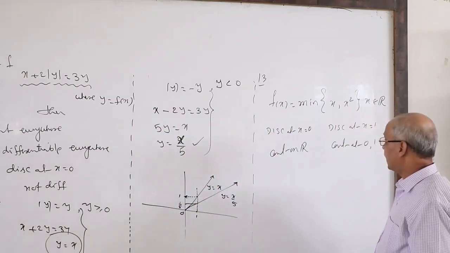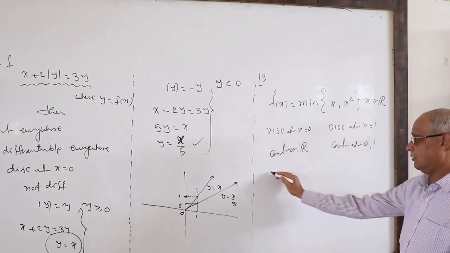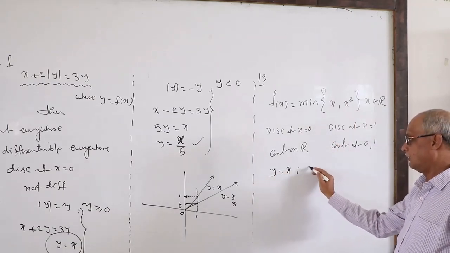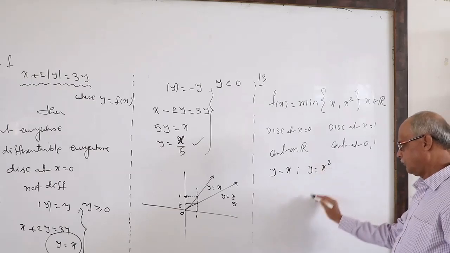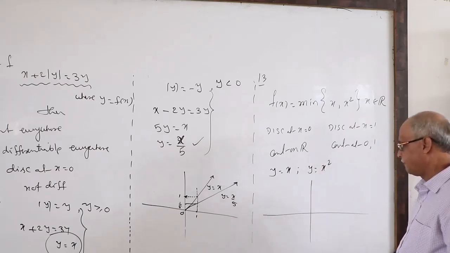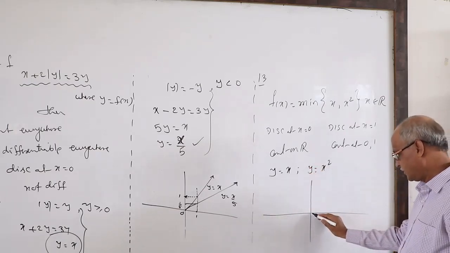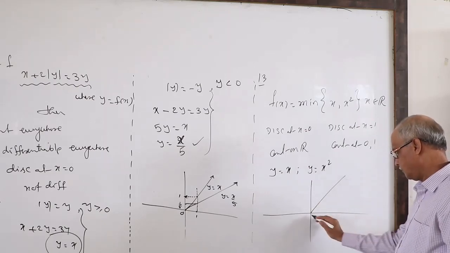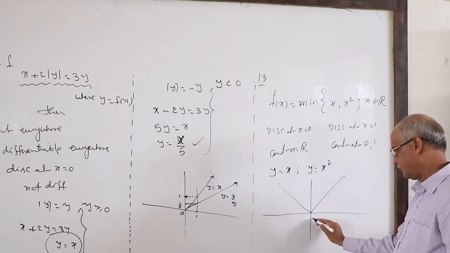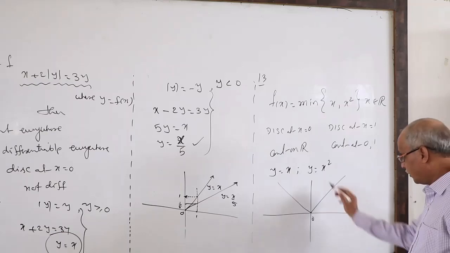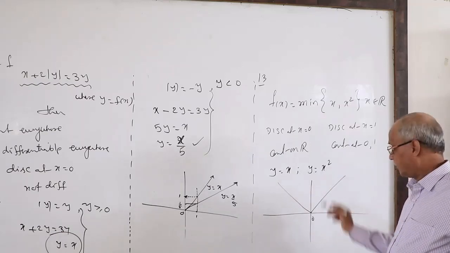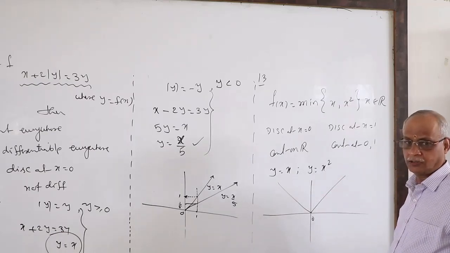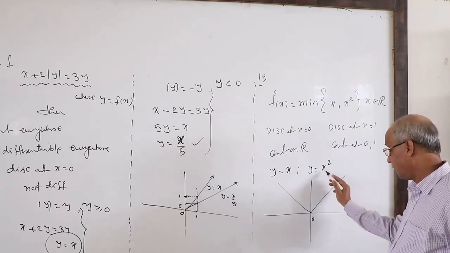First of all, what are the types of functions here? y equal to x and y equal to x square. Both we know from coordinate geometry. What is y equal to x? And y equal to x square means x square equal to 4ay, a parabola symmetric with the y axis, even power of x.